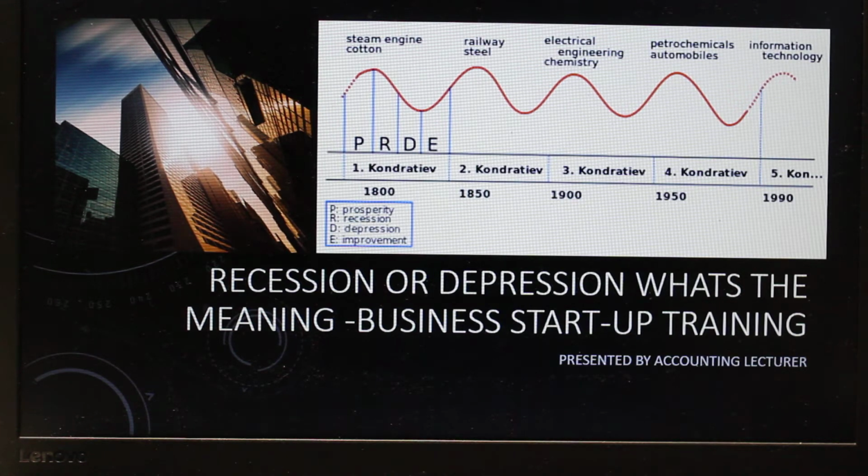Then technology and innovation and information technology. So that's what's driving our economy. And I would say in 2020 all the way up to now, I think social media is driving economic growth at this point.